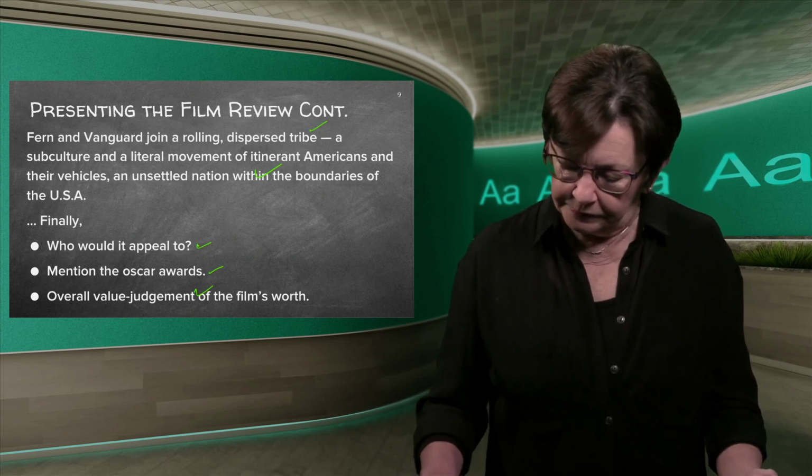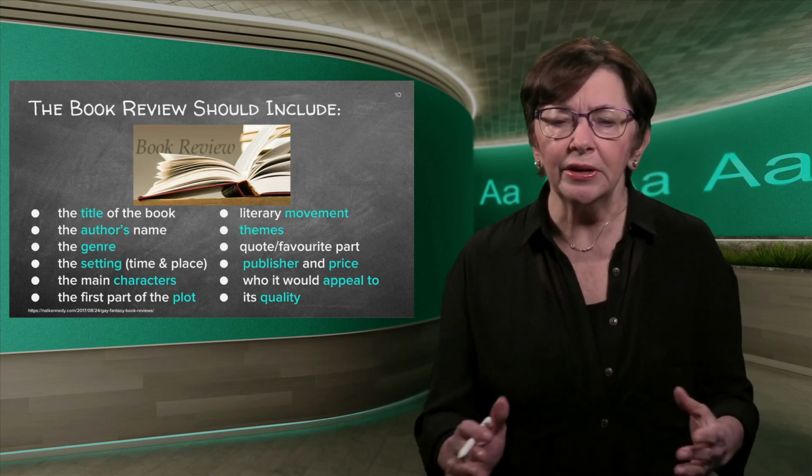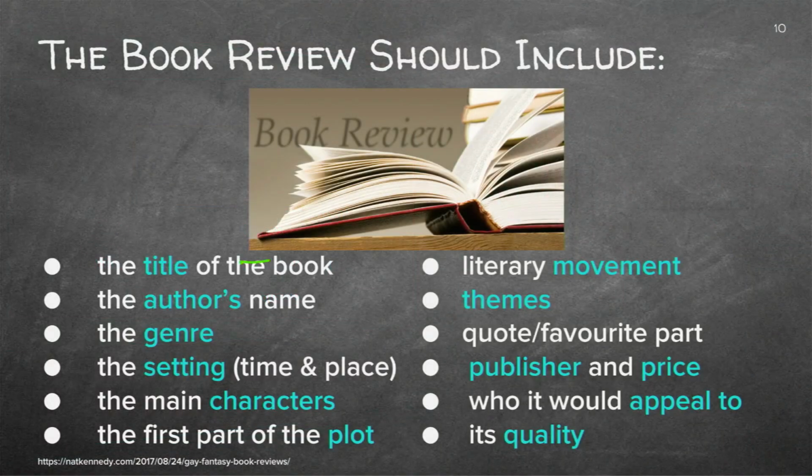When you have the book review, we've got virtually the same kind of order. We've got the title, the author, the genre, the setting, the characters, the plot, the movement, the themes, publisher. Perhaps you can include a price, and who would it appeal to, and what is the quality.